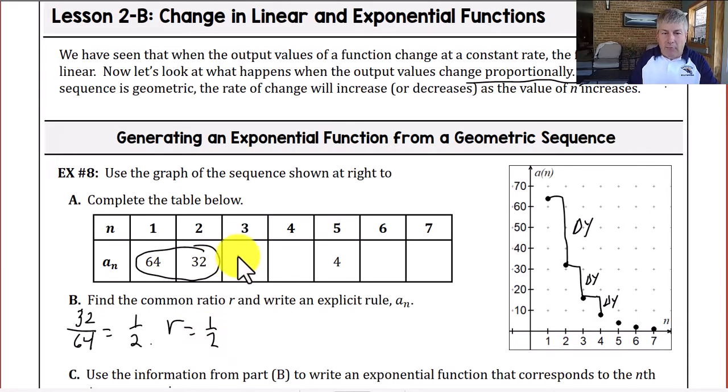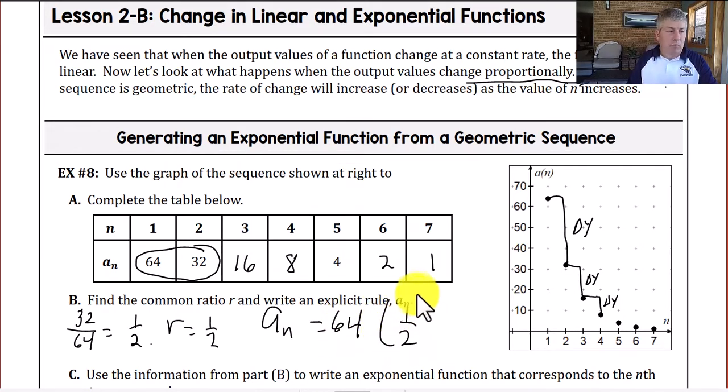So that means 3 would correspond to 16, and then half of 16 is 8, and half of 8 is 4, half of 4 is 2, half of 2 is 1, and that does seem to correspond with the values in our graph. So our r is 1/2, and it appears that a_n equals 64 times 1/2 raised to the n minus 1.